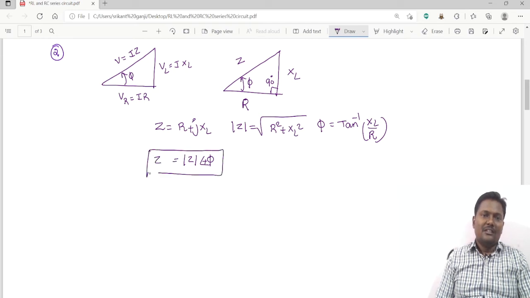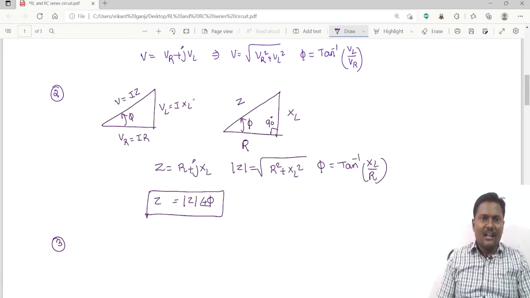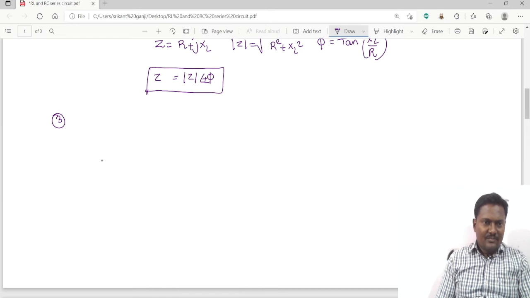So this is in the polar form, and from this voltage triangle and this impedance triangle, we can get the power triangle. How? There are two methods.